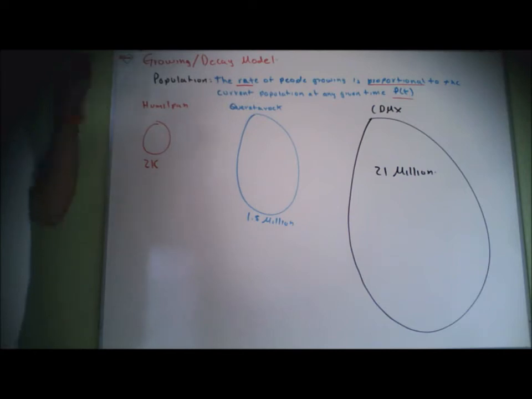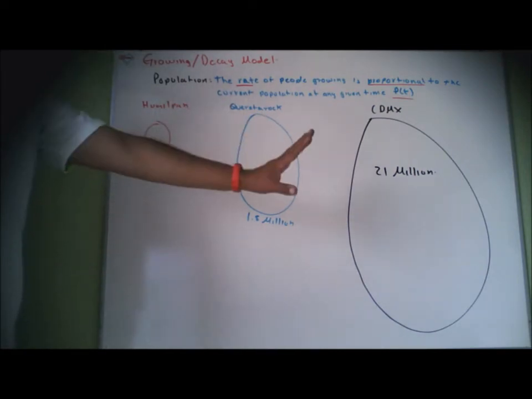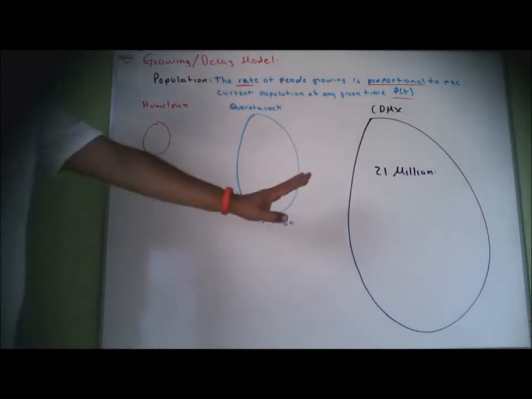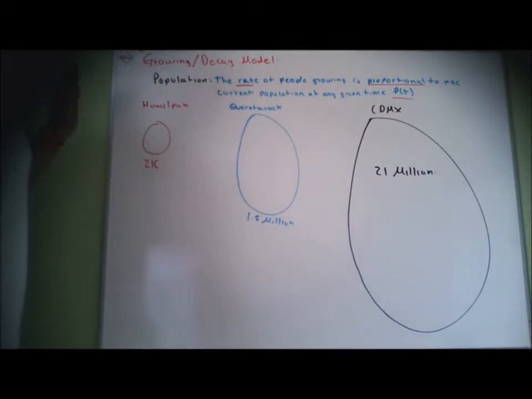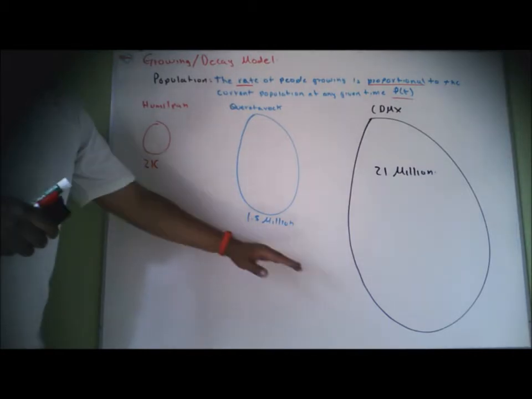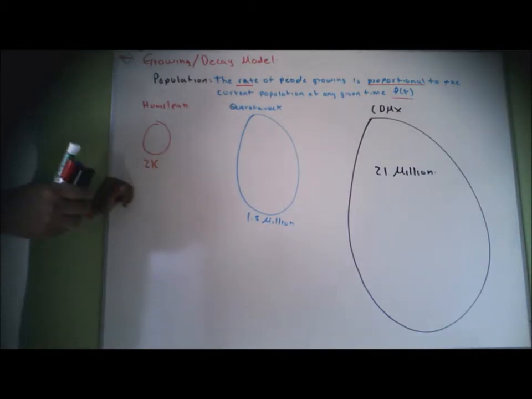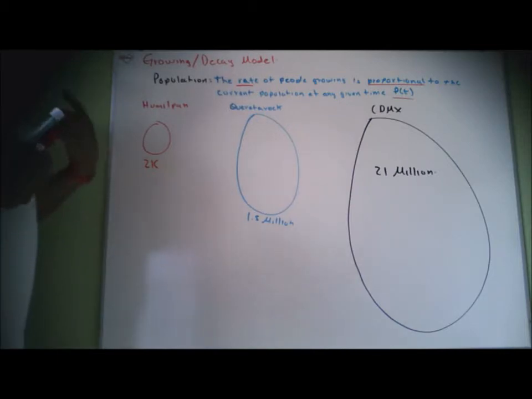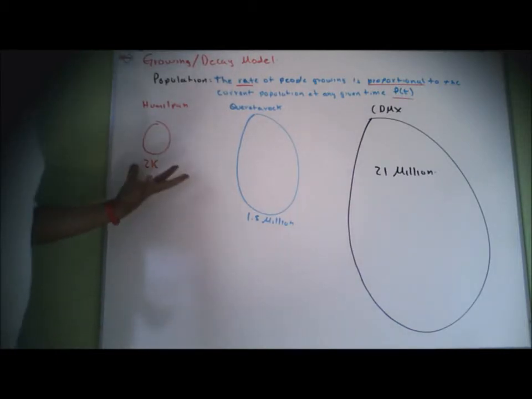Alright, so that is the model. As you can see, the bigger the population, the faster it's going to grow. The smaller the population, the slower. Pay attention when I say faster and slower, because that means speed, velocity. In terms of derivatives, the derivative is the velocity, the rate.